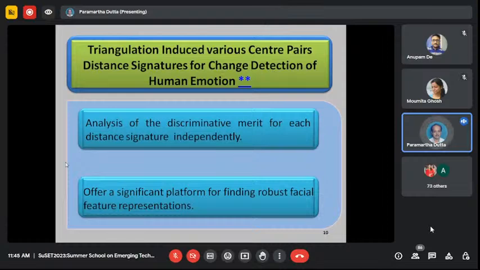Analysis of the discriminating merit of each distance signature independently, I'm going to explain with figures and further details very soon, offers a significant platform for finding robust facial feature representations. Let us see how it works.